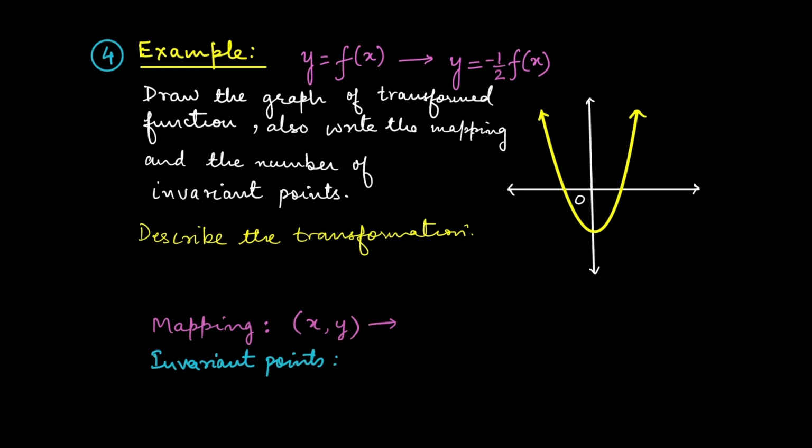For the next example we take y equals f(x), which transforms to y equals minus 1/2 f(x). In this, the a value as we see is minus 1/2. When you have to describe it, since a is minus 1/2, first we write vertical stretch by a factor of 1/2 about the x-axis.